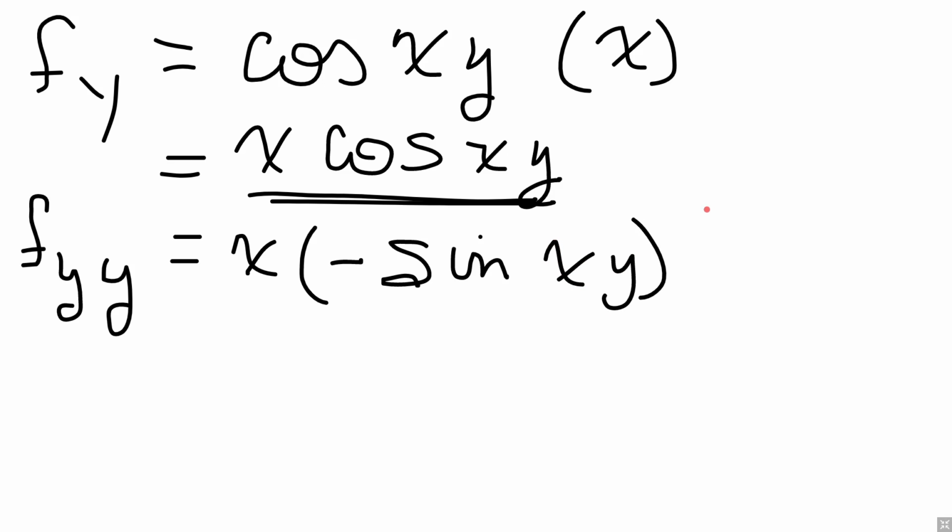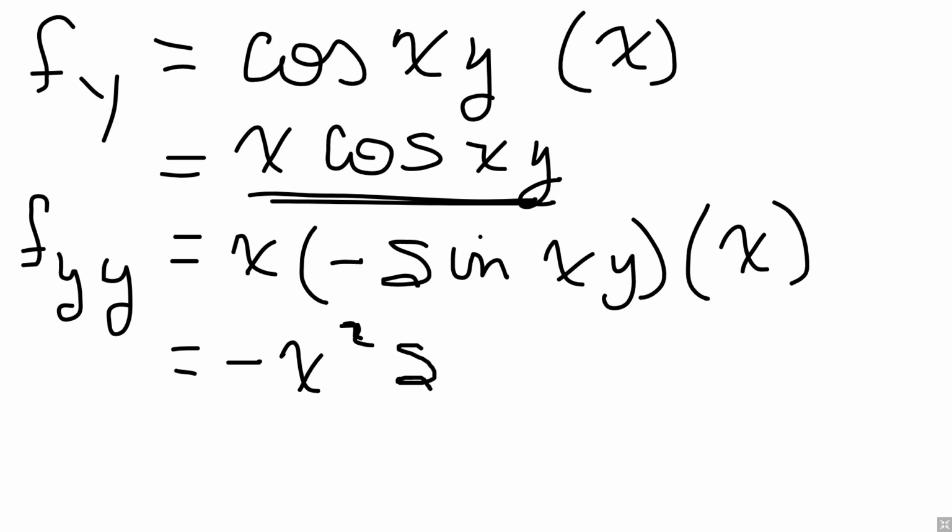Keep the angle times the derivative of the angle with respect to y, which is x. So we're going to end up with negative x squared sine of xy. Any questions?